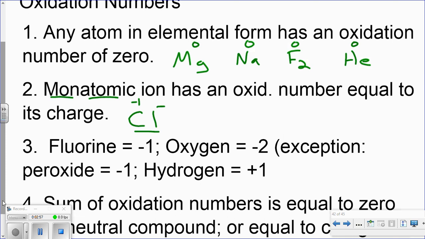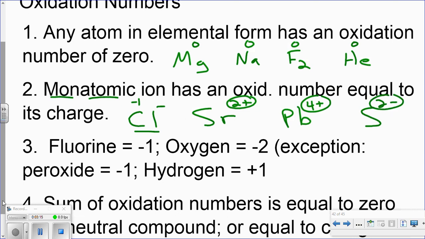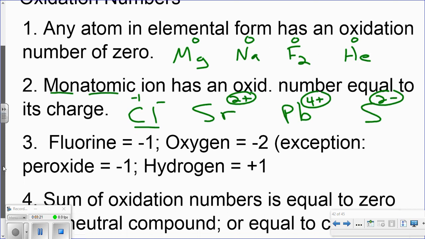Let's take strontium. When it loses 2 electrons, it'll be 2+. That's also its oxidation number. Let's take lead 4. When it loses 4 electrons, it has an oxidation number of 4+. Now, when we take a look at sulfur becoming sulfide, that's the same thing. It must have gained 2 electrons to become S2-. So that's its oxidation number. So you're going to want to look for these monatomic ions.